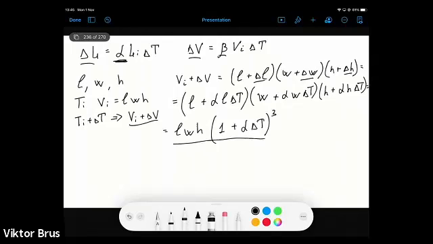So now we have this equation, and we need to recall from algebra that a plus b in the third power is equal to a in the third power plus 3 times a in the second power times b plus 3 times a times b squared plus b in the third power.